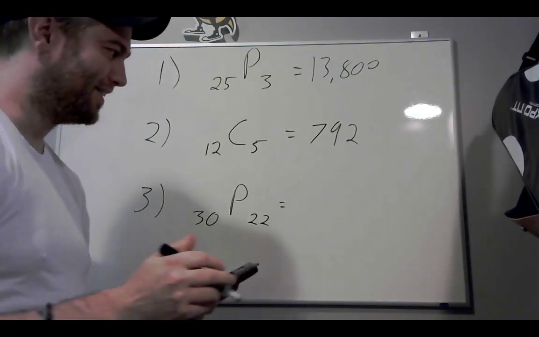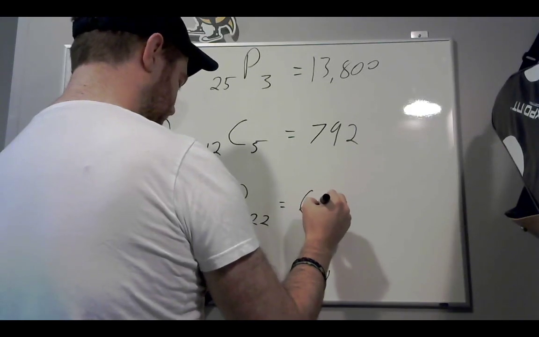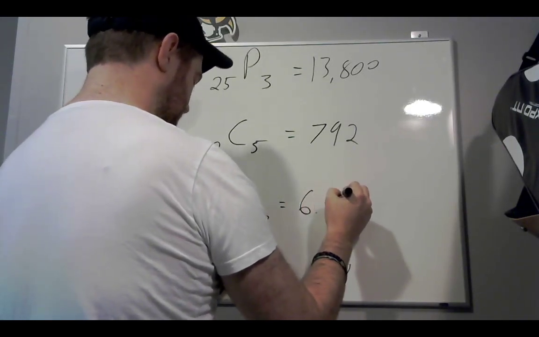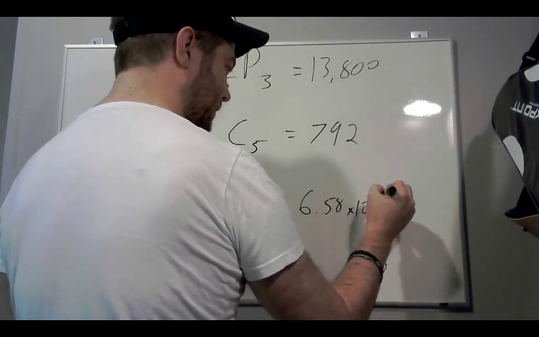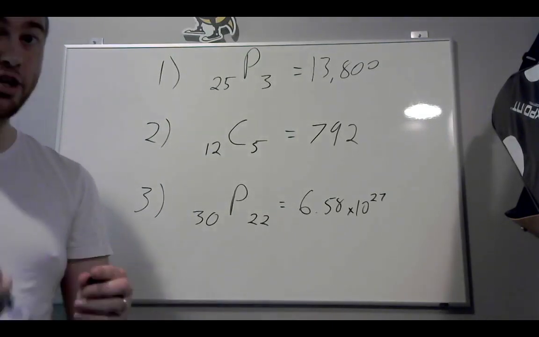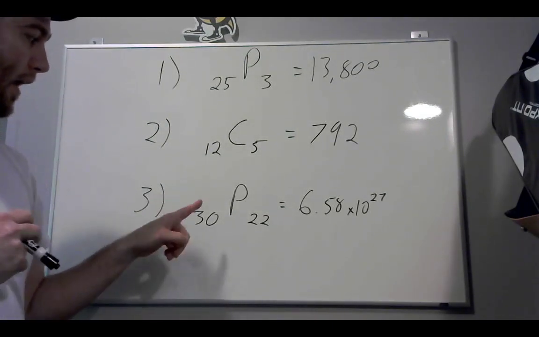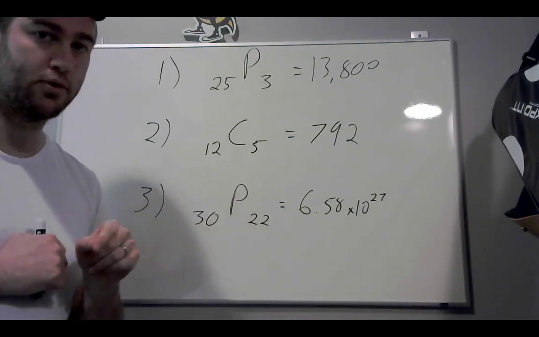I get a really big number, huge. 6.58 times 10 to the 27th power. That's how many different ways that I could make a seating chart if I had 30 empty desks and was trying to rearrange it with 22 students.